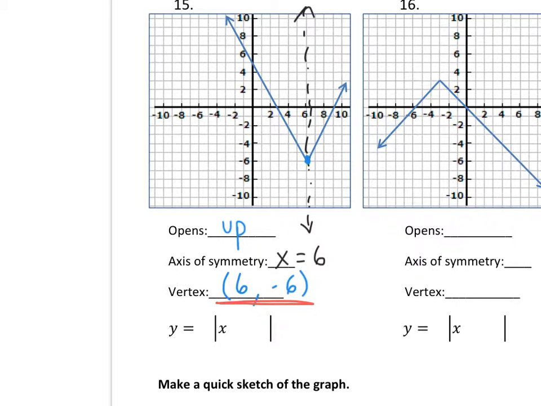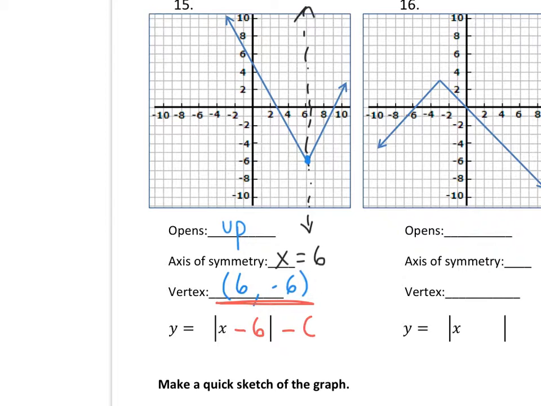So h is in between the absolute value symbols, and since we have a positive x value, positive 6, remember our h has to be the opposite, so it's going to be x minus 6. And then on the outside, our k value, which corresponds to our vertex's y value, is exactly the same, so we don't change the sign. So that one is also minus 6.